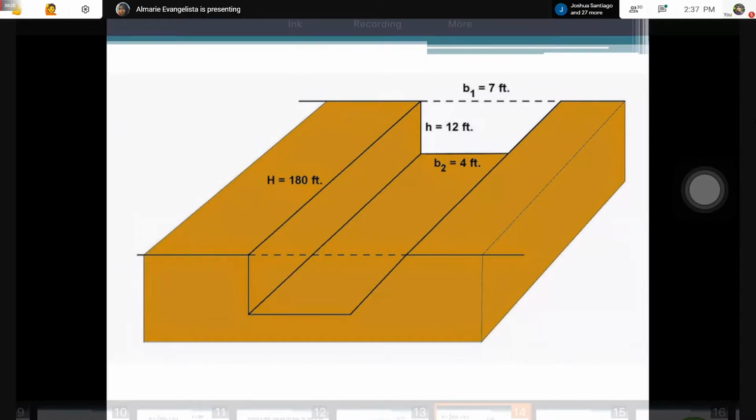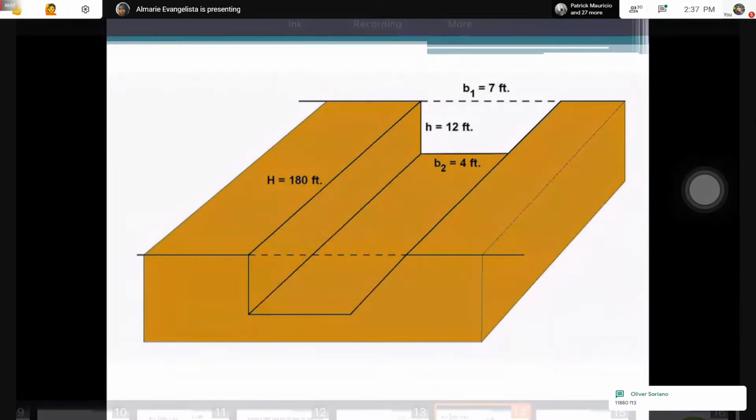So, since nakuha na natin yung area ng base ng trapezoid, proceed na tayo sa pagkuha ng volume ng trench. Ang binigay na height ng trench is 180 feet. So, ang sagot is 66 square feet times 180 feet is equals to 11,880 cubic feet.